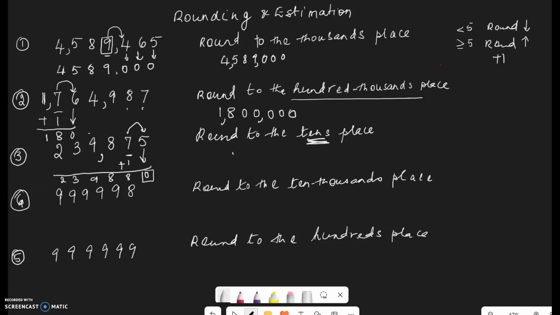So the answer is 239,880. You know that your answer is possibly right if the number is close to the given number. 239,875 is close to 239,880.